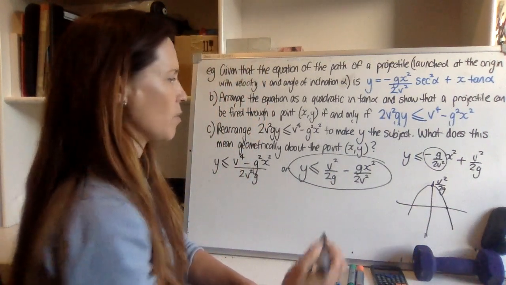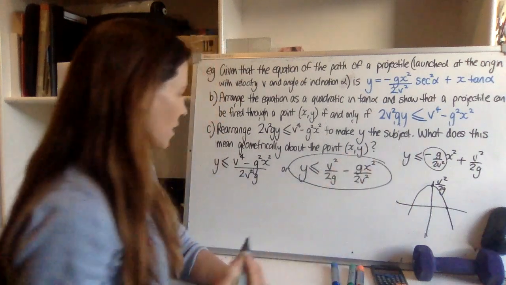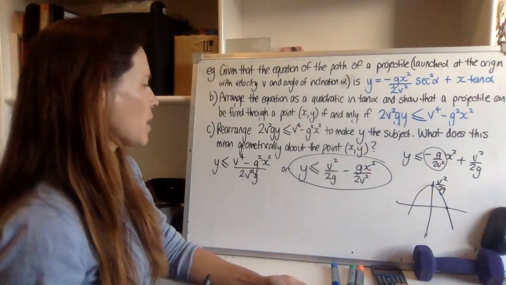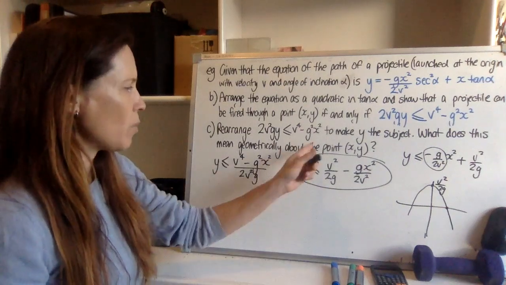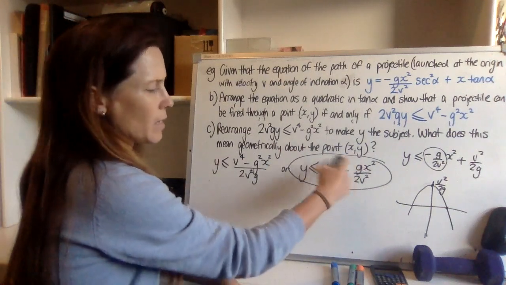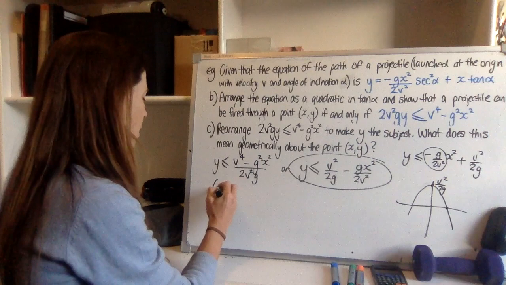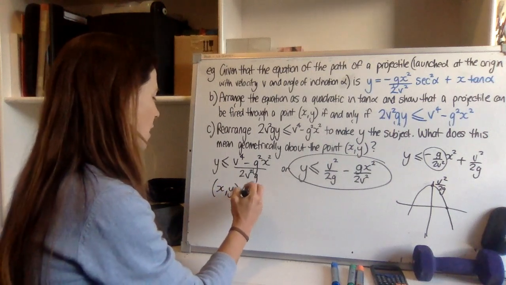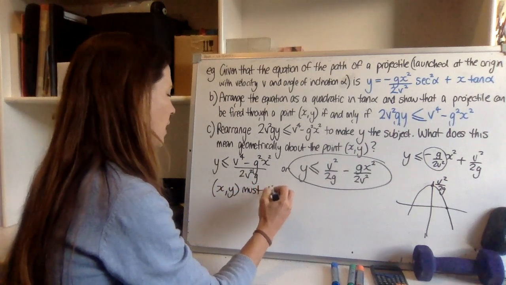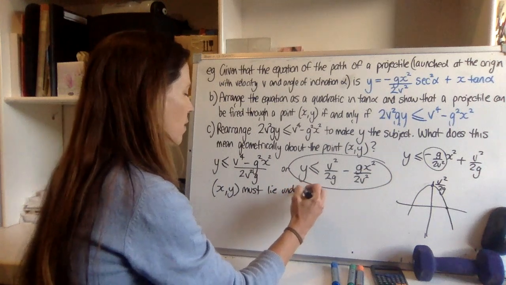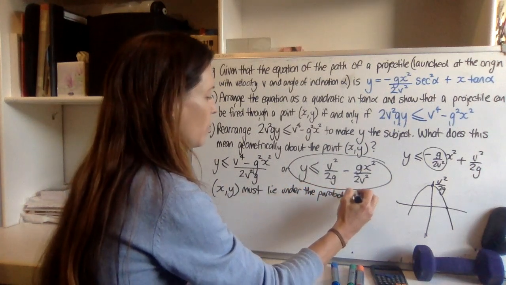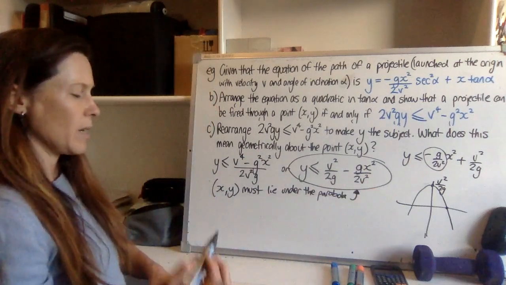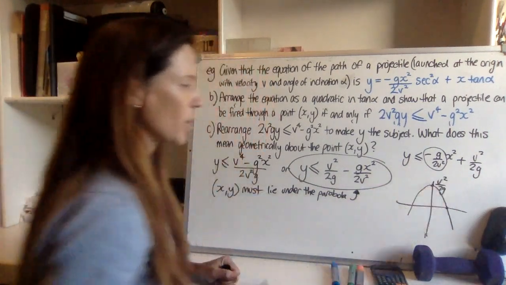And that's going to happen when we can solve all of that. But basically, what does this mean geometrically about this point? Well, what it means is that our point must actually lie underneath this parabola. So basically, to answer the question, x, y must lie under the parabola with this formula.